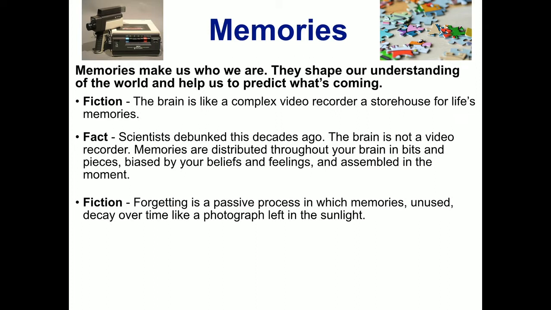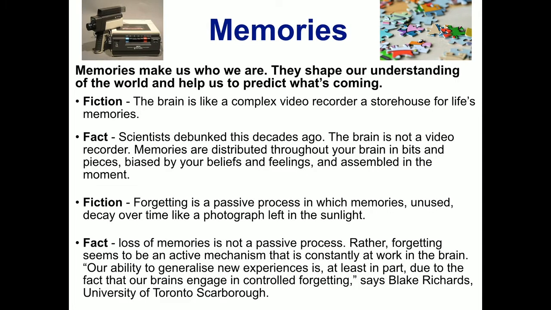The thought was that these memories that we forget tend to fade over time, like putting a photograph in the sunlight and it fades over time. That was the fiction. That's what we thought the brain did. However, very recent work has shown that the loss of memory is not passive. It's actually an active process of the brain.